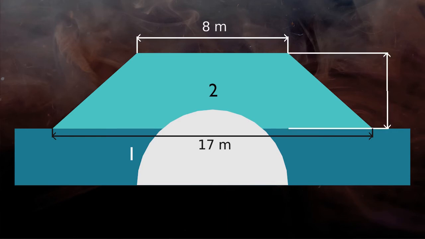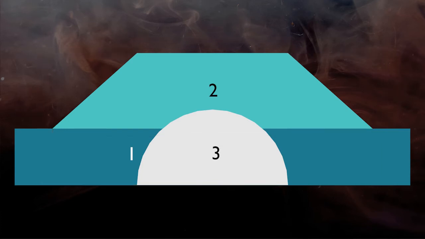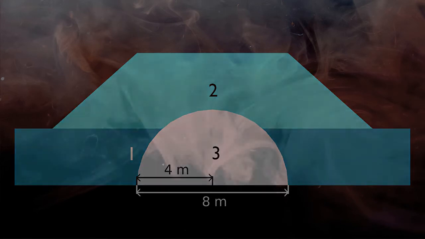Only height h is missing, which is total height 7 meter minus height of the rectangle 3 meter equals 4 meter. For the semicircle, diameter is given, that is 8 meter. So the radius of the semicircle will be diameter 8 divided by 2 equals 4 meter.